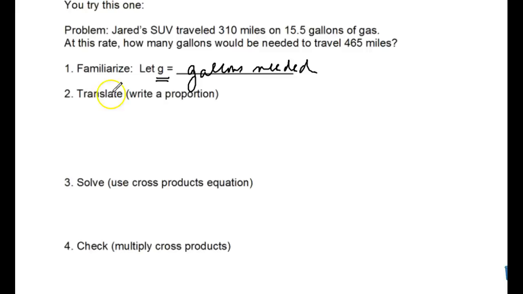So then we'll translate by writing it into a proportion. The two things that we have here are gallons and miles traveled. So if we have 310 miles and 15.5 gallons of gas, we want to know how many gallons would be for 465 miles.